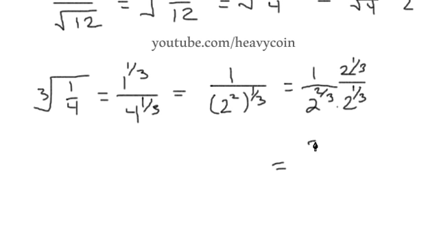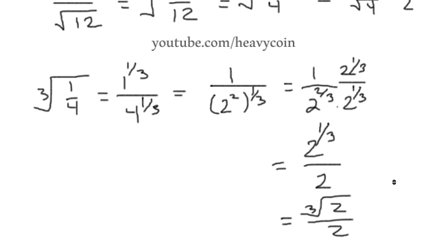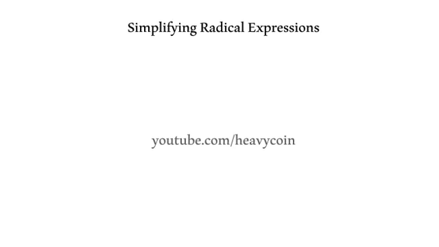So we're going to be left with 2 to the 1/3 over 2, and if we were to write this back into radical form, this is what we would get. So that's tricky. But it's those kind of problems on a test that can really slow a person down.